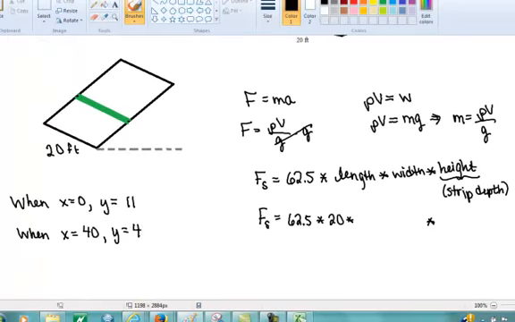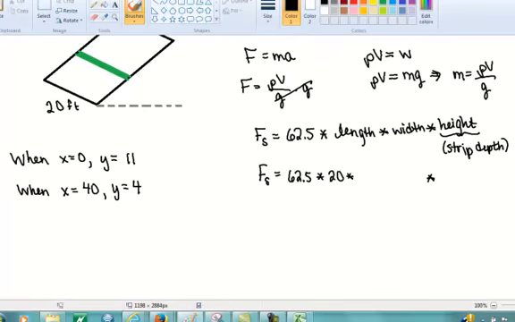So as soon as we have 2 points, we can figure out the equation of the line. So let's get the slope. So m equals y2 minus y1 over x2 minus x1. So we get negative 7 over 40. So there's our m, but if x equals 0, that is the y-intercept.